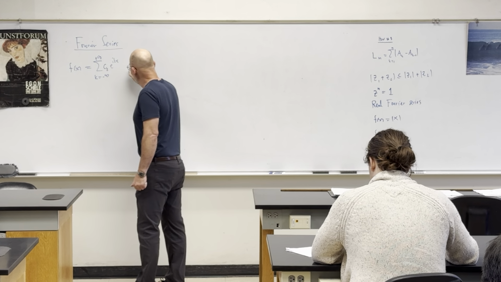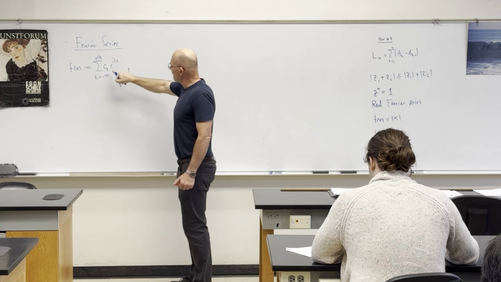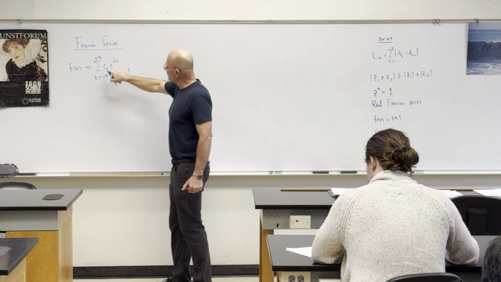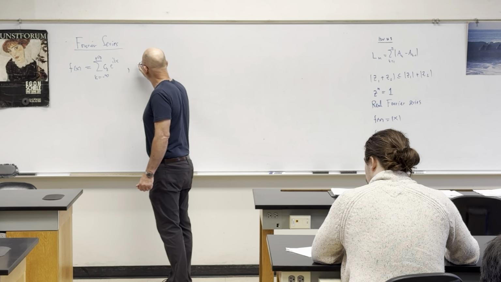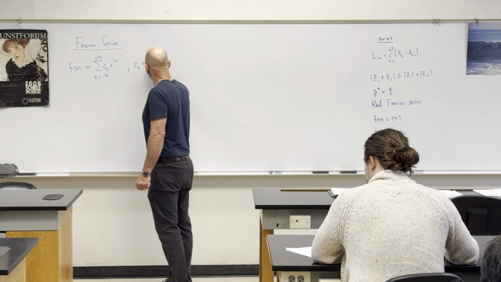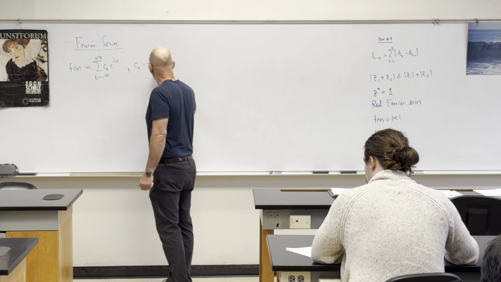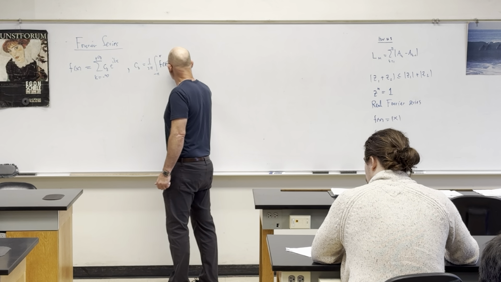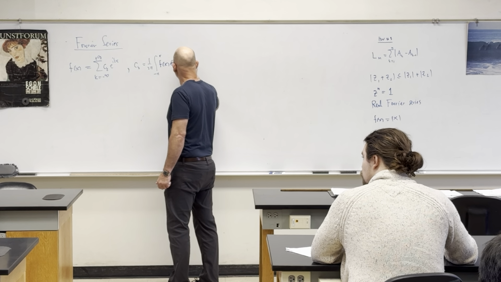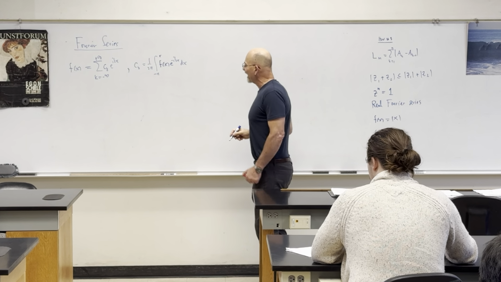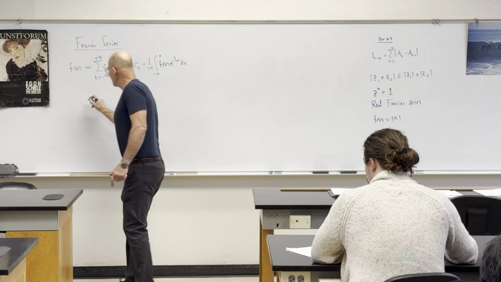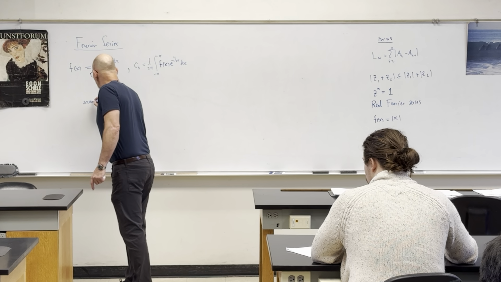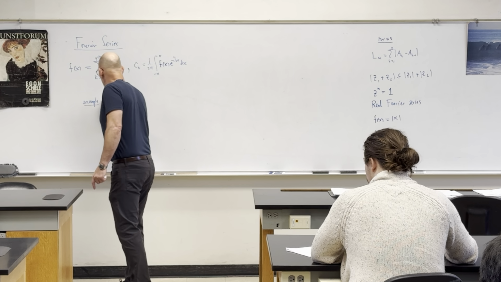So we've got that Fourier series with the complex exponentials, and c sub k is 1 over 2 pi, integral from minus pi to pi, of f of x, e to the minus ikx dx. We have to get some practice with these.